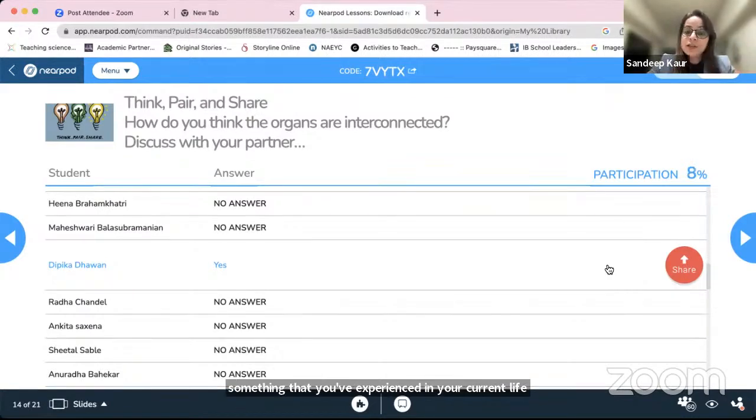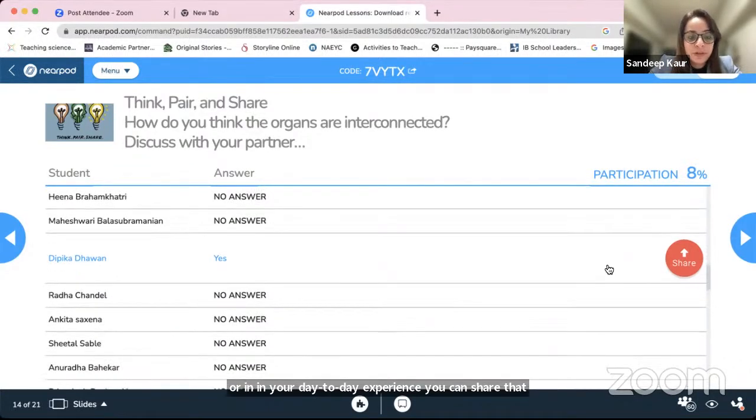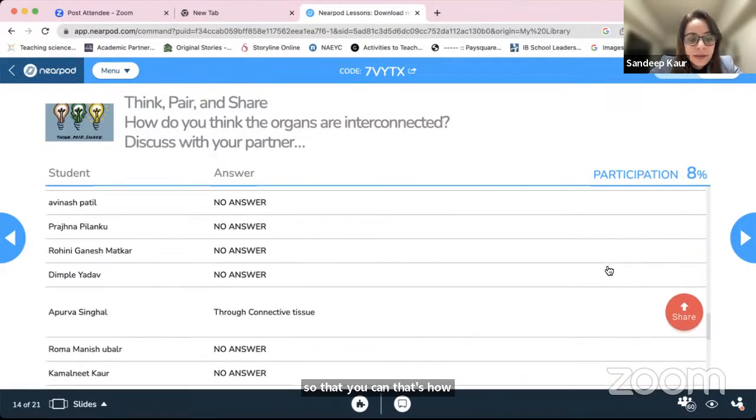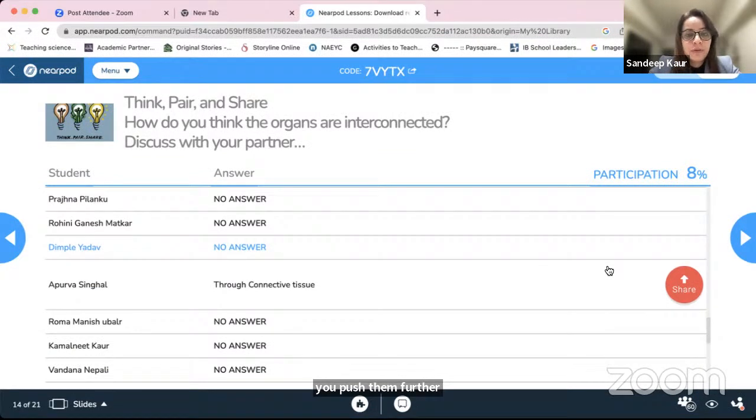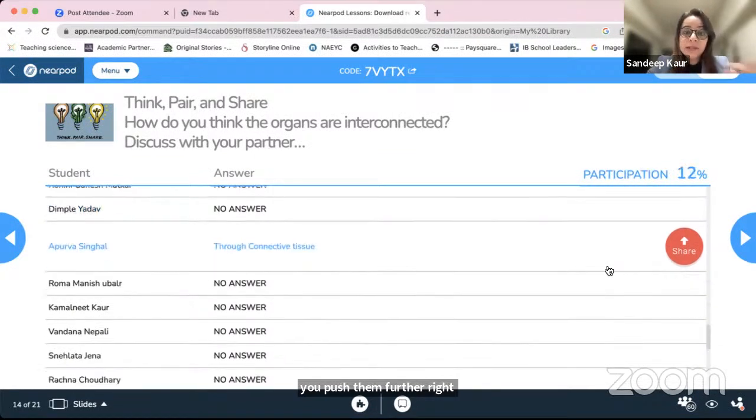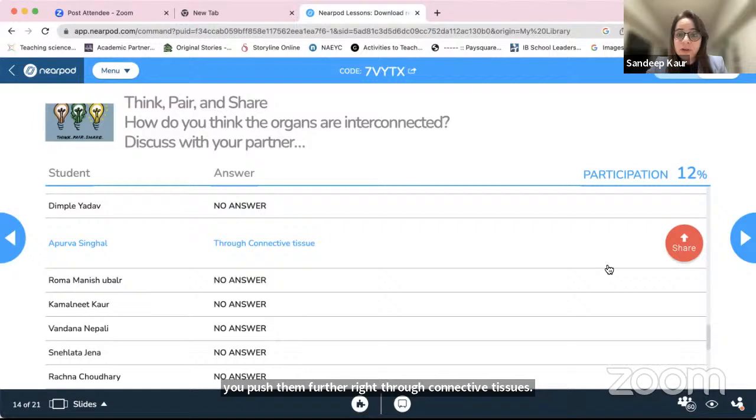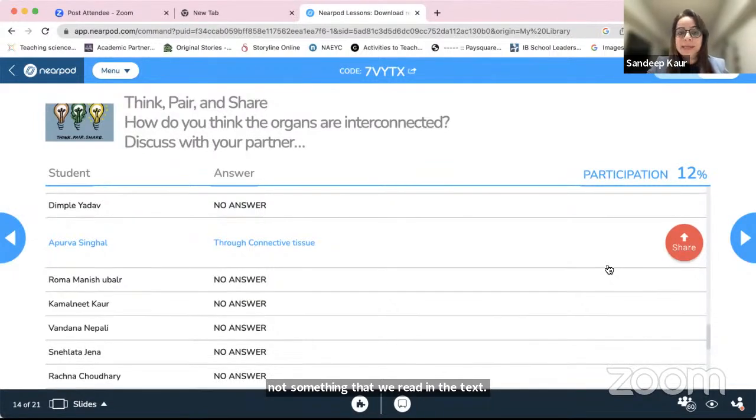That's how you push them further, right? Through connective tissues. All right, you can say, okay, well, now this tissue is not something that we read in the text, so I believe that the student has some prior understanding. So you can again push the child to say, what do you mean by connecting tissues? Can you elaborate a little bit more?